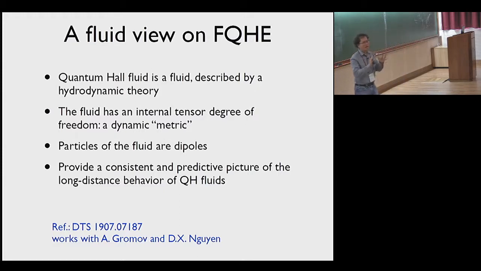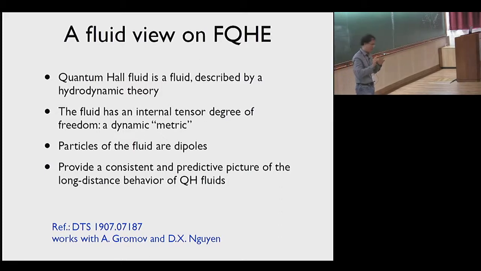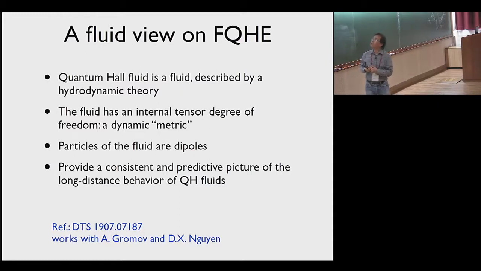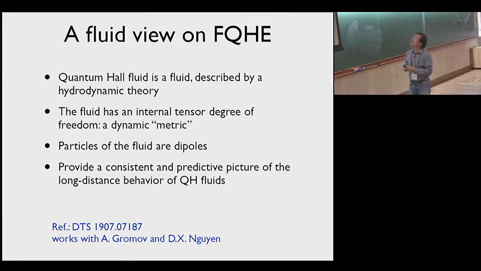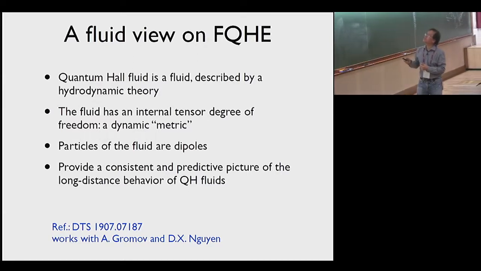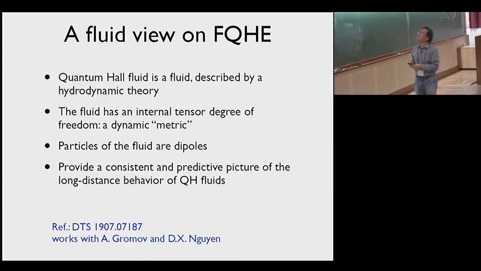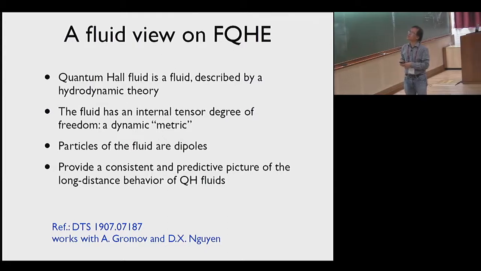That is something that can move following equations like the Navier-Stokes equation, some next iteration of the Navier-Stokes equations. This fluid, in contrast to the usual fluid, has an internal tensor degree of freedom, like a dynamic metric. That's the second point here, very important.